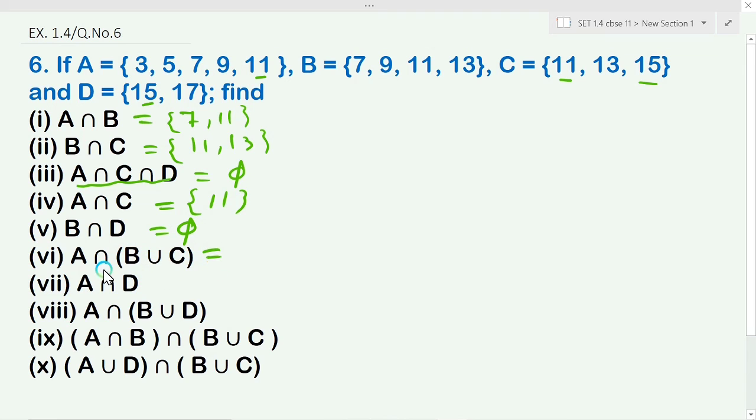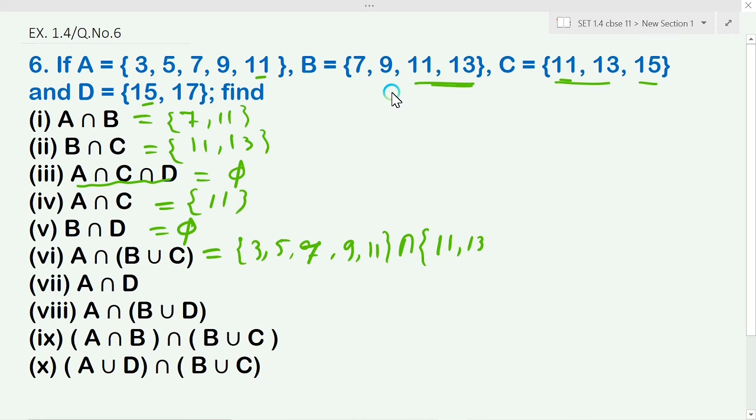Now A intersection B union C. So just write A: 3, 5, 7, 9 and 11, intersection B union C. So what is B union C? First of all, we write the common elements between B and C, that is 11 and 13.